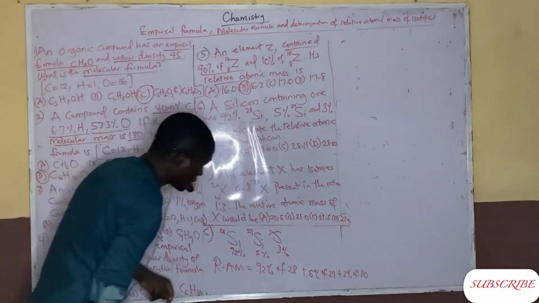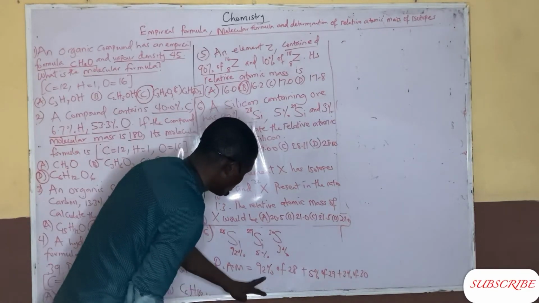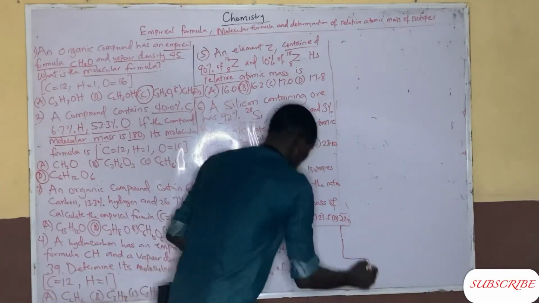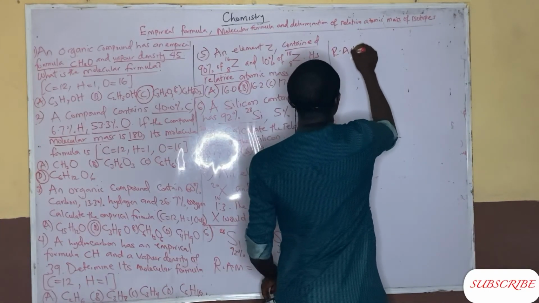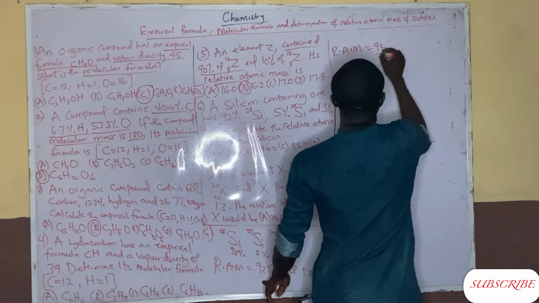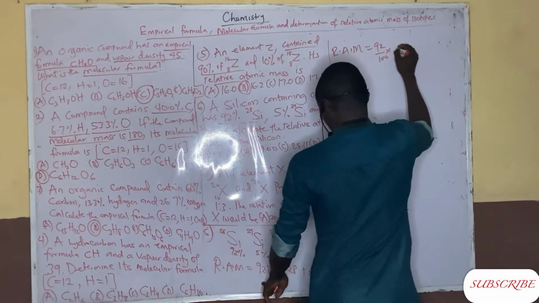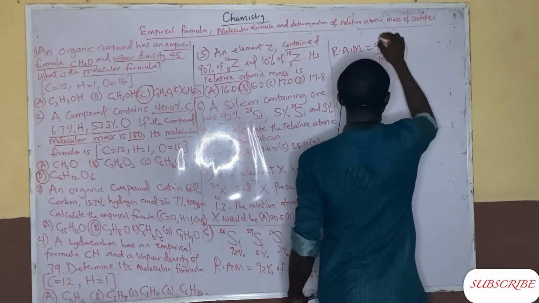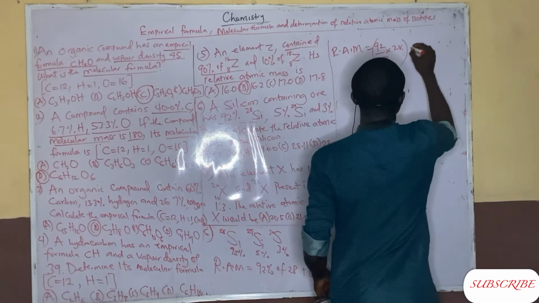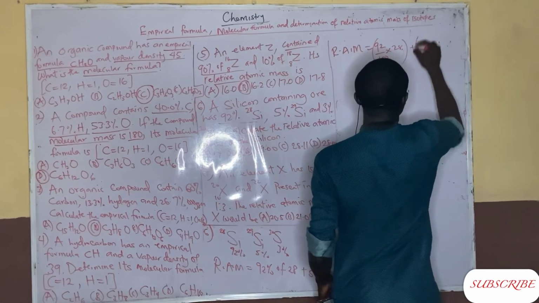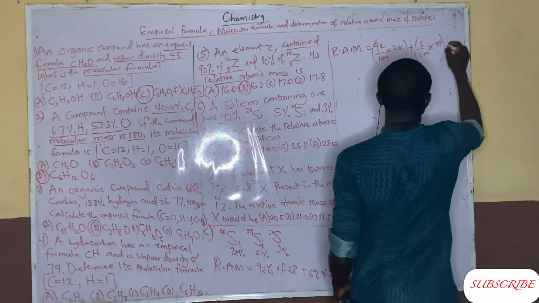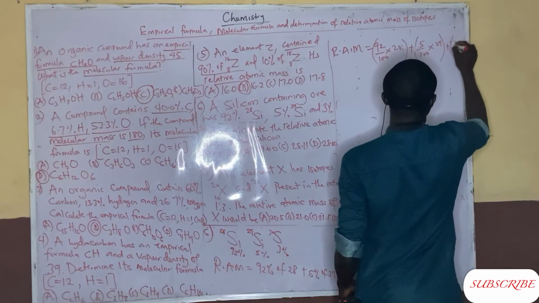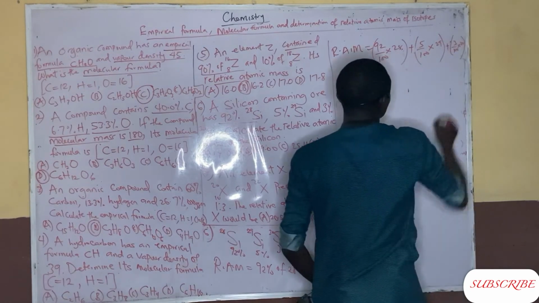Following this, your relative atomic mass will be 92 over 100 multiplied by 28, in bracket, plus 5 over 100 multiplied by 29, plus 3 over 100 multiplied by 30, bracket close.